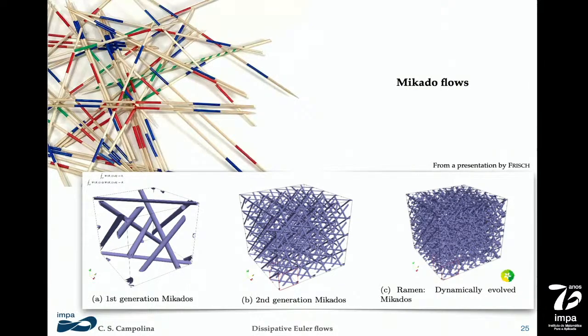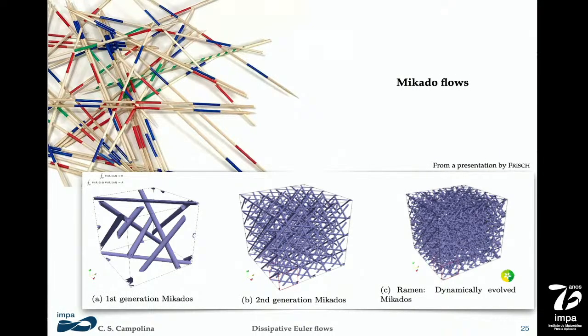And we can see that it resembles Mikados because the solution is composed of several vorticity tubes, which are essentially entangled, not entangled in the topological sense, but they are somehow constructed one above the other. And it's essentially a three-dimensional construction, right?